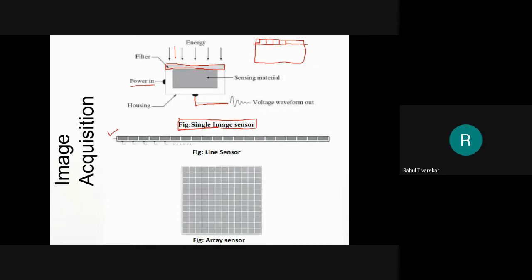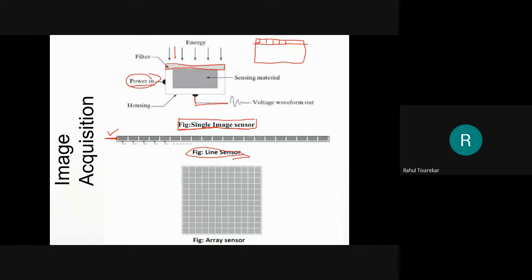They will have a parallelly connected input power, which is shown on the left hand side, and the parallel output of each of these blocks will be provided to the processor, and intensity at different points will be sensed individually, and this is called a line sensor.